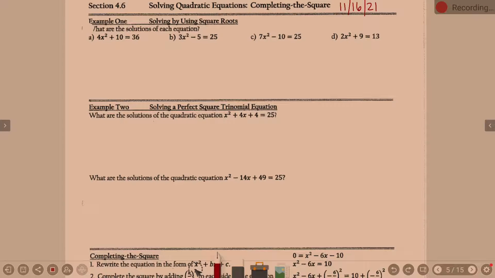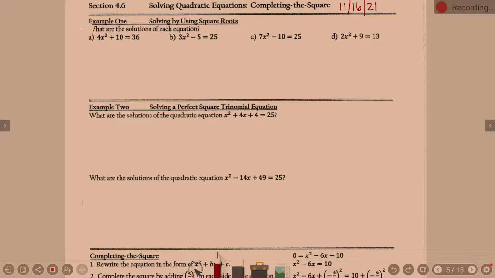Okay, so we are starting into lesson 4.6 today. Even if we got started right at the beginning of class, I knew we weren't going to get lesson 4.6 done. There's just a lot to it. If you backtrack, lesson 4.5 was solving quadratic equations using our factoring techniques, right? So we still need factoring techniques, and factoring is always my number one go-to method when I'm trying to solve.